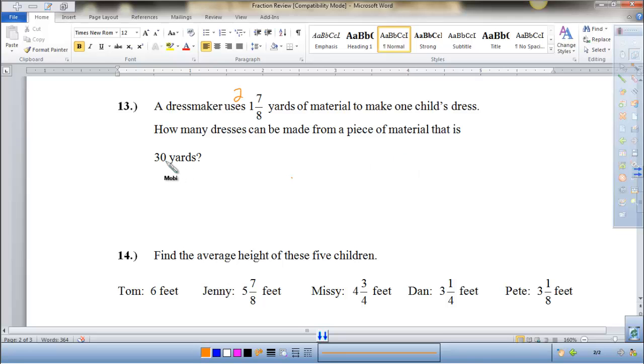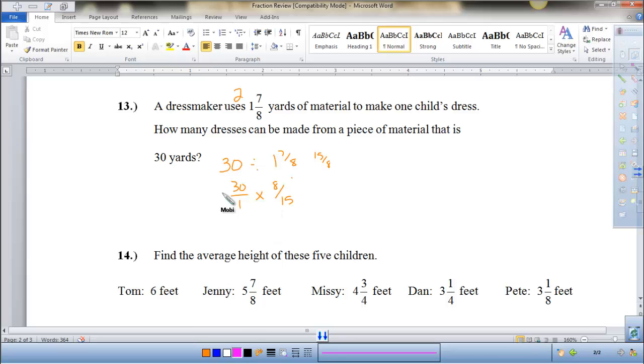And so now I know, well, I divided 30 by 2, so I need to divide 30 divided by 1 7/8. Well, we know to divide, I'm going to make this 30 over 1, make this an improper fraction, 8 times 1 is 8 plus 7 is 15/8. And I'm going to flip the second guy and multiply.